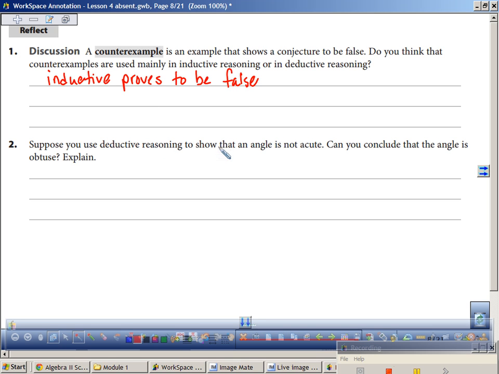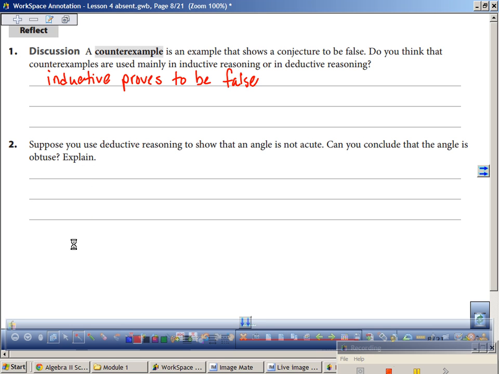Okay, suppose you use deductive reasoning to show that an angle is not acute. Right? So we go through a bunch of things and we find out, guess what? This angle isn't acute. What does acute mean? Smaller than 90. I like how you guys use your hands. Smaller than 90. Can you conclude that the angle is obtuse?